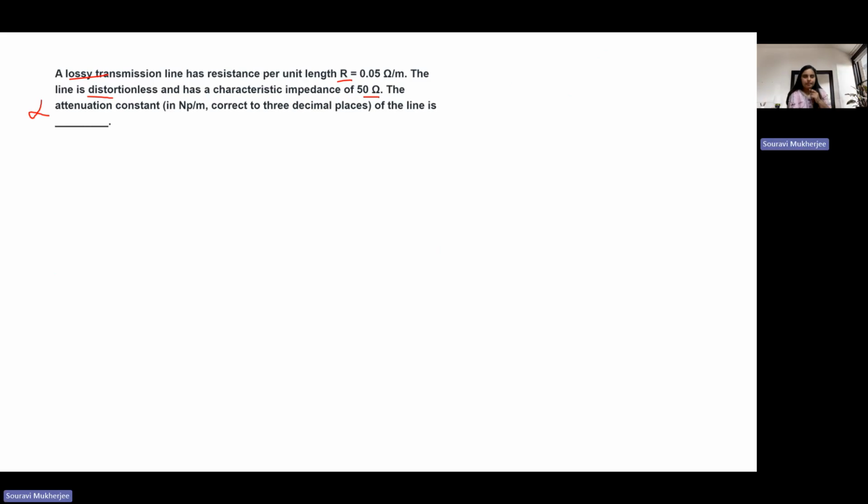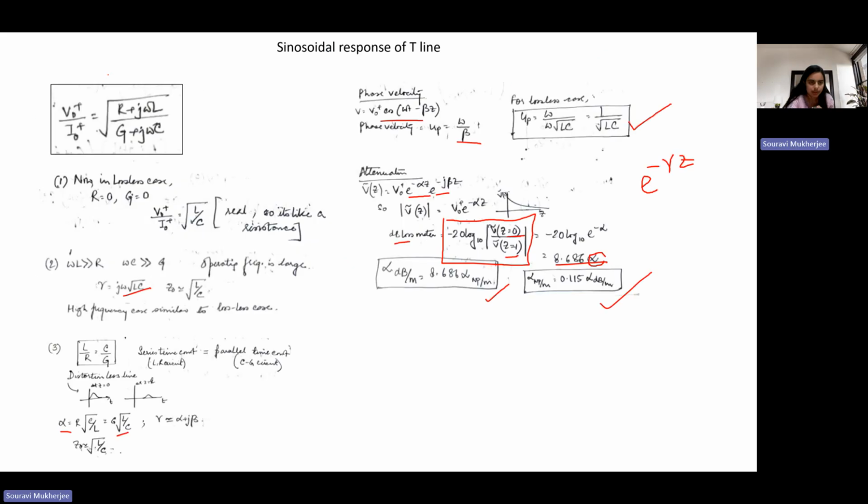Now we have to understand what known relations we have. If we go back, we know that if it is distortionless, then this criterion holds. Here, alpha had this form, if you remember. Alpha can be written as R into root over C by L. It can also be written as G into root over L by C. Now from here, if you define alpha square, you multiply the first with the second.